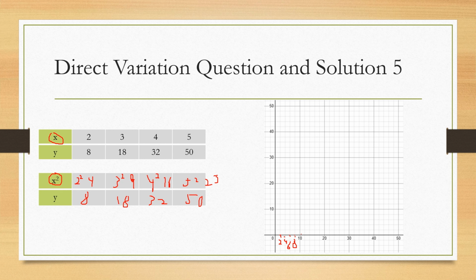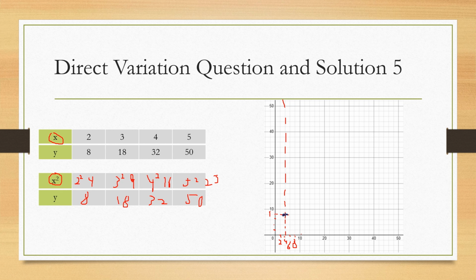So 4 to a line, and then for y we need 8. So 2, 4, 6, 8. This will be 8. So put a point here.